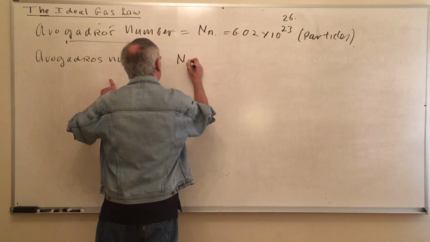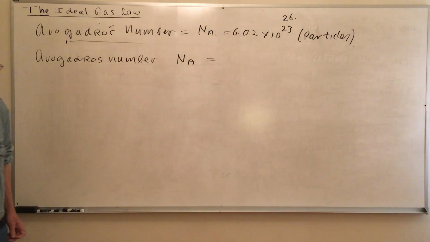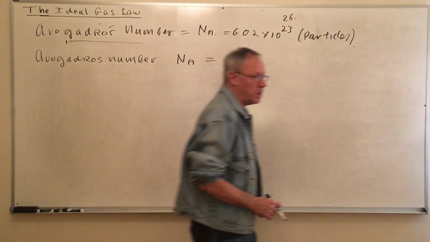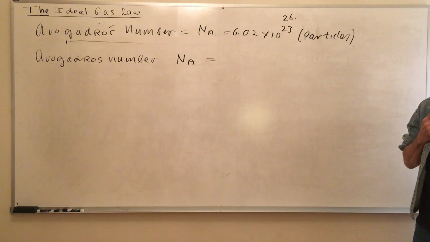Avogadro's number N_A is... If you ever have a teacher, always get a statement out of them. The equivalence principle. People talk around it, but they don't say exactly what it is. Avogadro's number is. Here is the answer.